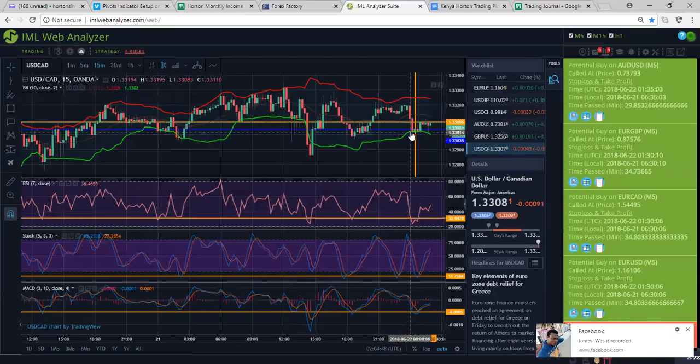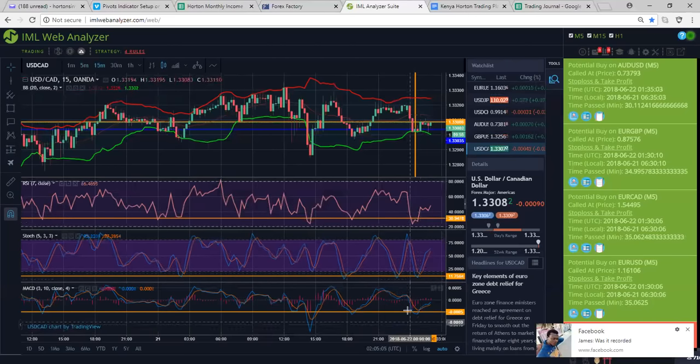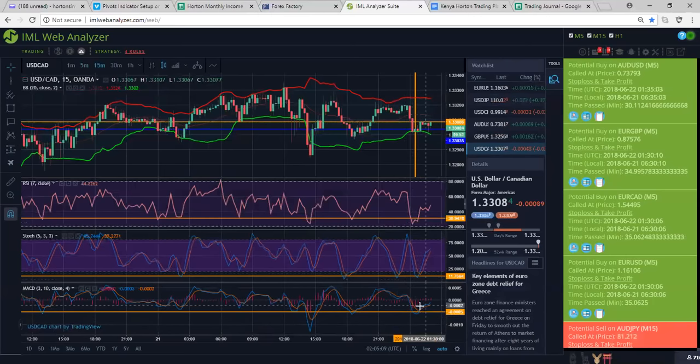When you would have gone to the 15-minute chart, you would have seen that the RSI did hit 20 and crossed up, so it was ready. However, the stochastic was still far apart. There was still space right here. It wasn't crossing over, and the MACD had not crossed over as well. So that tells you it's not ready yet.